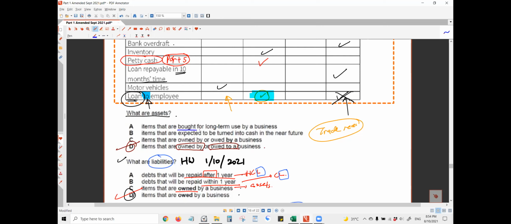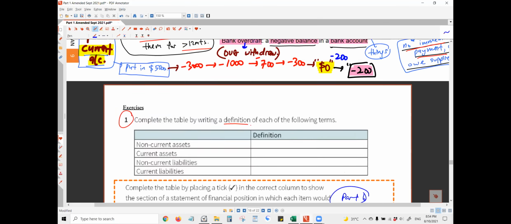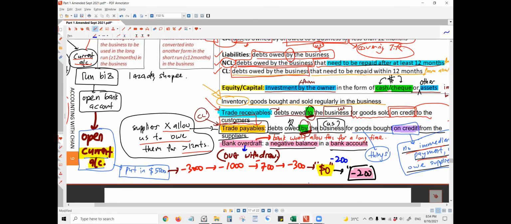Items that are bought for long-term use by the business. I know this definition is a bit different from the one you see in the note section there. But you know, right? When I give you an idea, everybody can phrase it differently. For example, in kindergarten, everybody is asked to write a sentence about something, and everybody will phrase it differently.